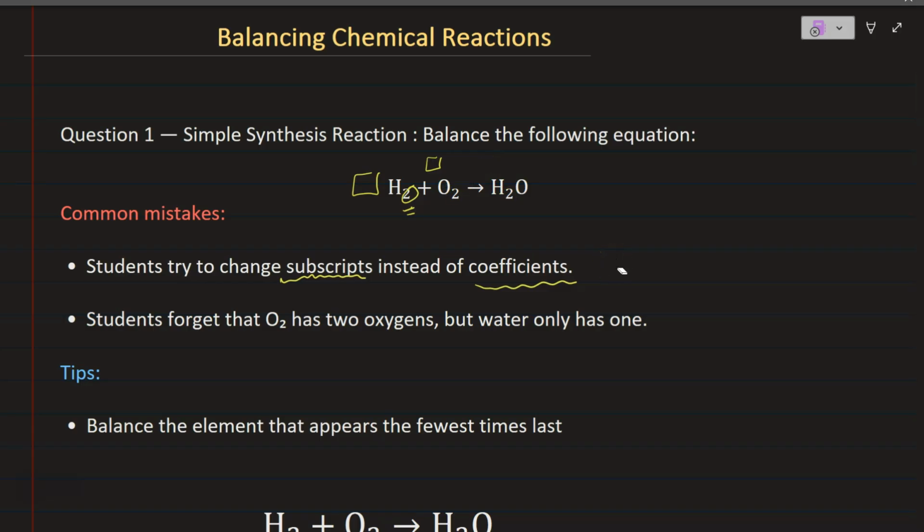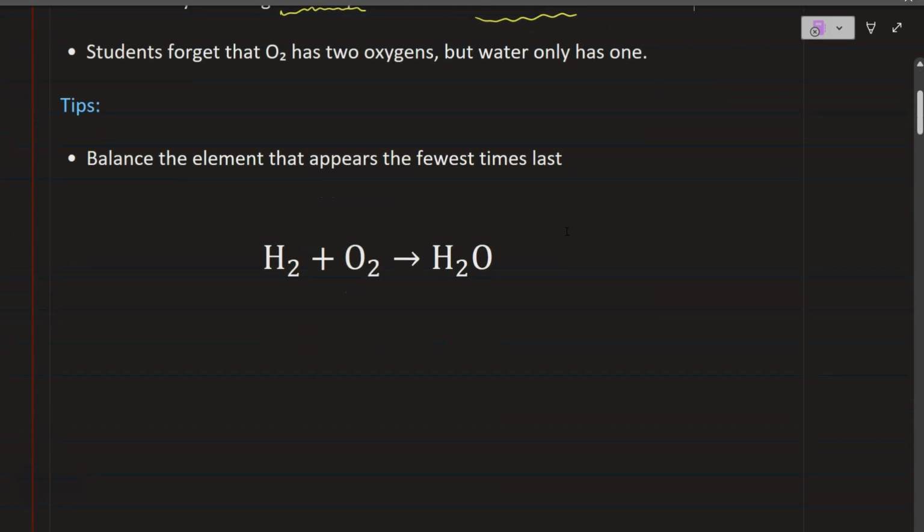Okay? So here is the first question. Let's go through it one at a time. So knowing that you cannot change the subscript, and also be aware that when you read this H₂O, this 2, which is in between the 2 atoms, belongs to the hydrogen, not to the oxygen. Okay, now let's go through and balance this. First thing you notice is that we got 2 hydrogen and 2 oxygens, but we only have 1 oxygen on that side.